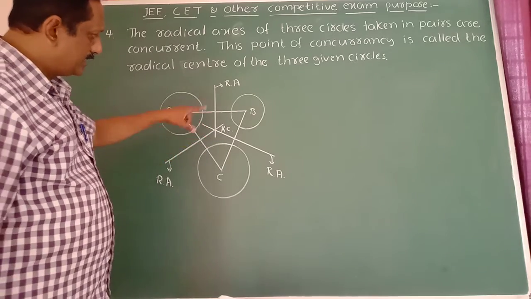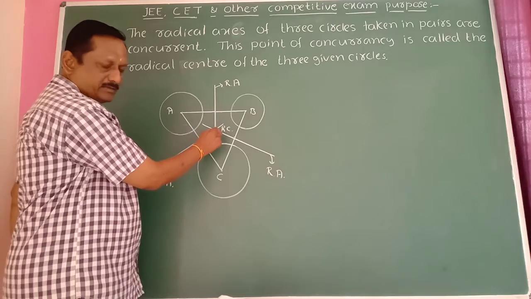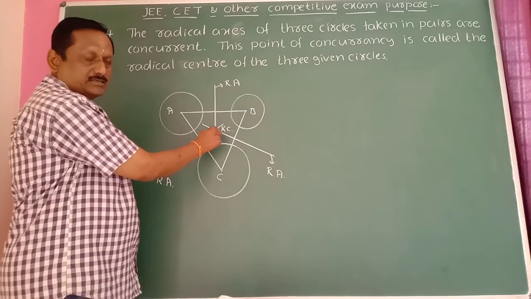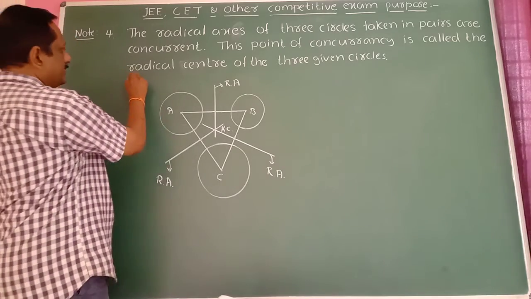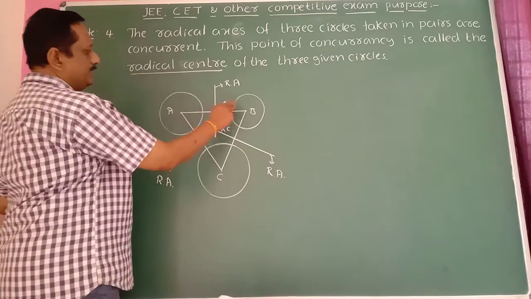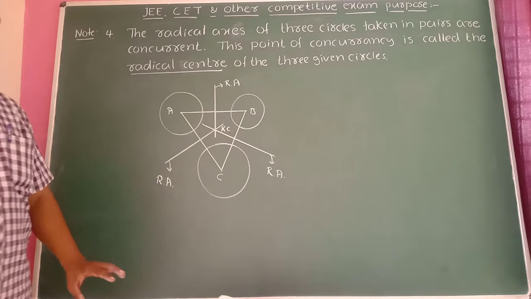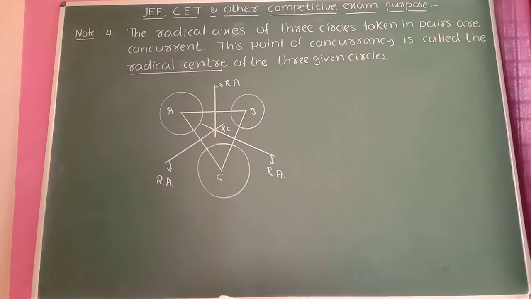All these radical axes meet at this point, the point of concurrency. That point itself is called the radical center of the three given circles. All three radical axes meet at one point, and that point of concurrency is called the radical center.